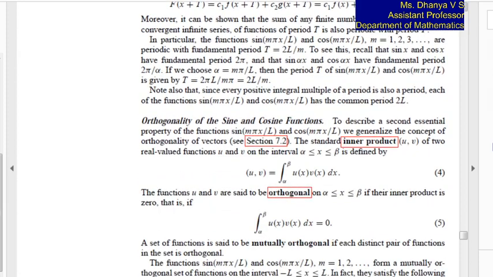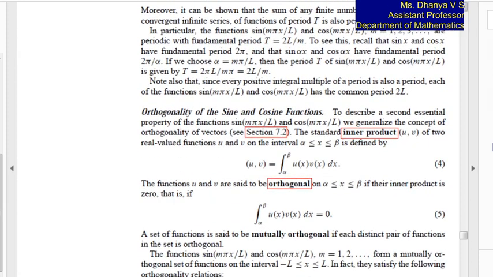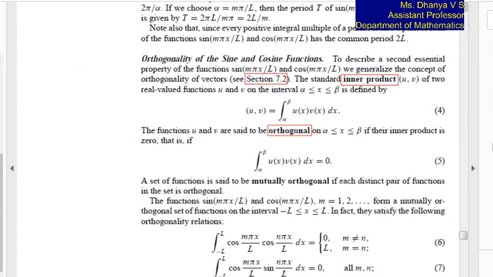Now, orthogonality of the sine and cosine functions. When do we say that two functions are orthogonal? If the inner product is 0. To describe a second essential property of the functions sin(m pi x by L) and cos(m pi x by L), we generalize the concept of orthogonality of vectors. See, the standard inner product of two real valued functions. I don't know whether you have studied inner product.